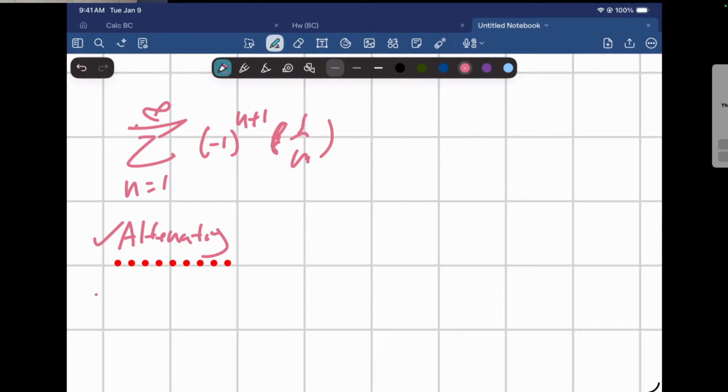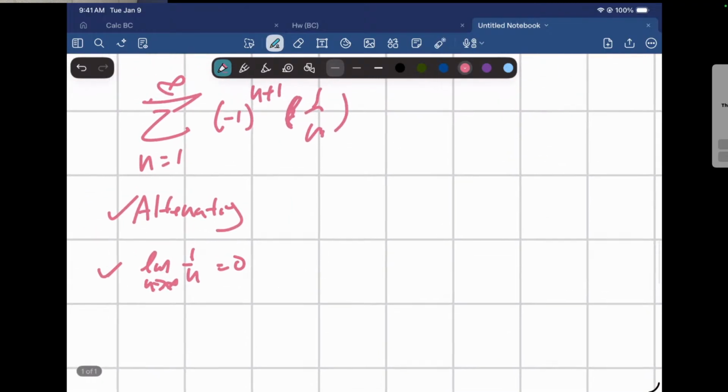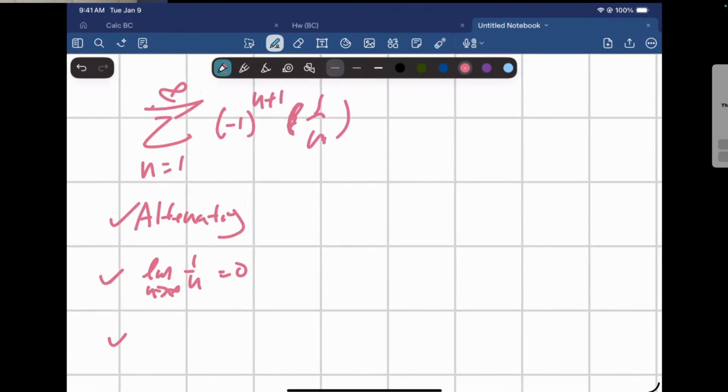The second one: the limit as n approaches infinity of the sequence 1 over n is equal to 0. We put another check mark on it. Another check mark: 1 over n plus 1 is less than 1 over n. That's always true. So the alternating series test says it converges.